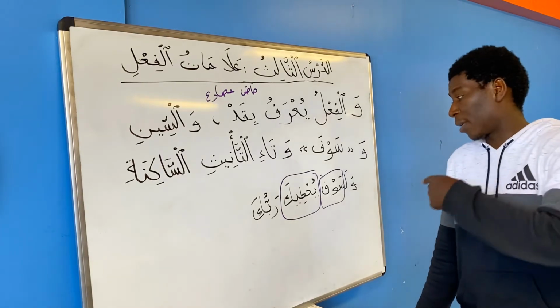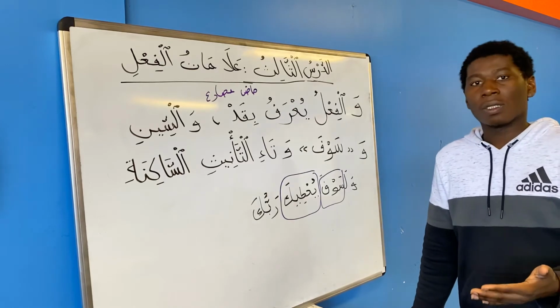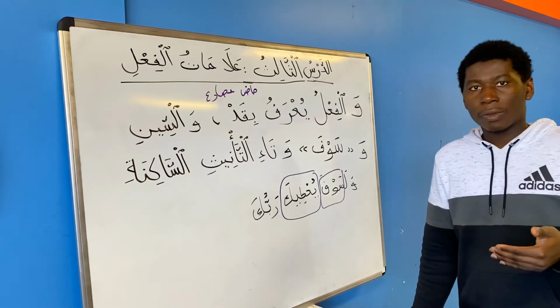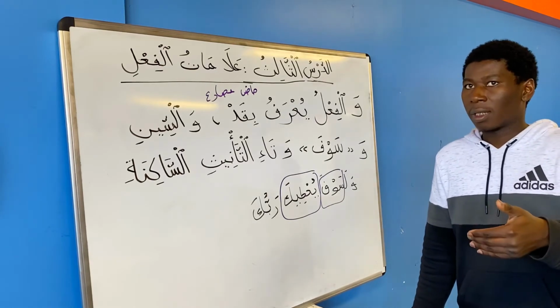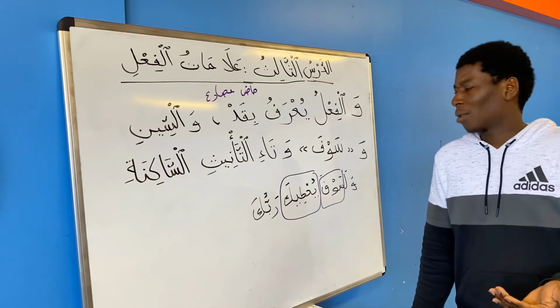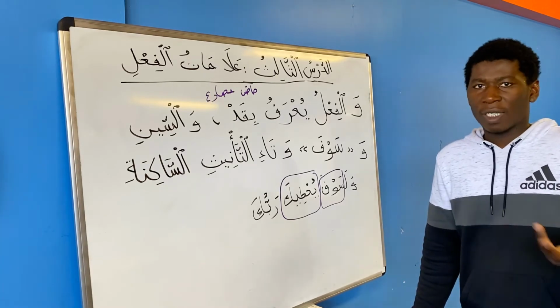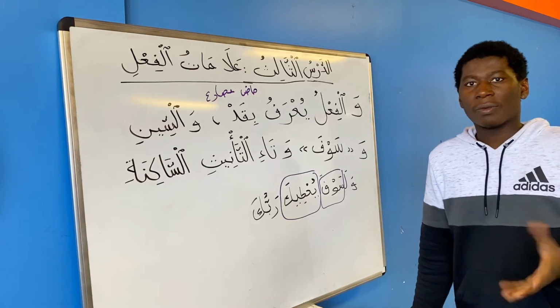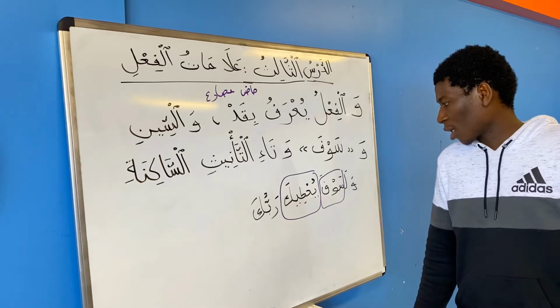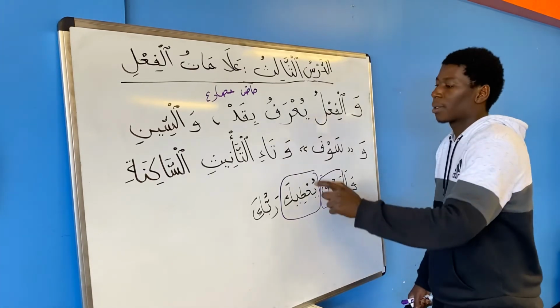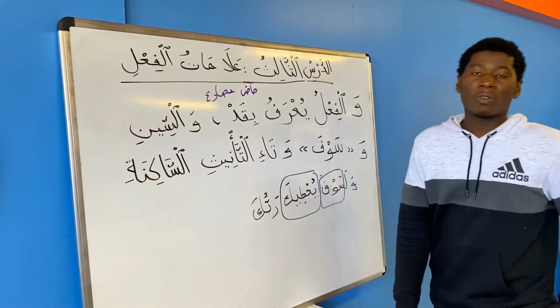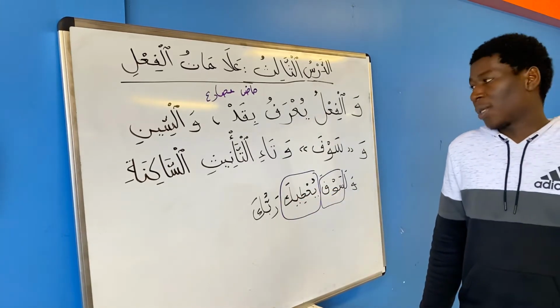That's far away when I use sawfa. But sin is nearer, or more near than sawfa, if that makes sense, when you're using it for the future. But again, once I see sawfa, then right away what comes after has to be a verb.